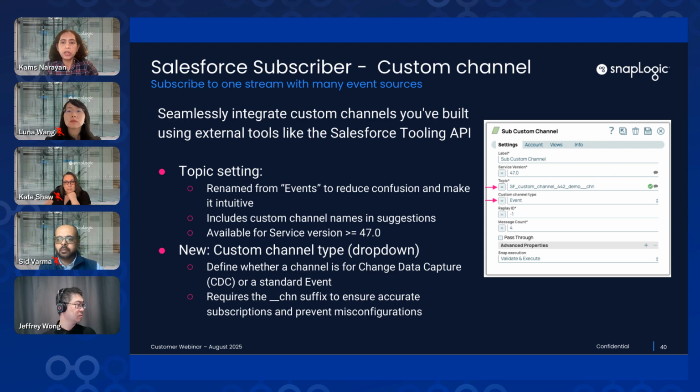With this enhancement, customers can now subscribe to these custom events, which have a very distinctive marker, a postfix of _CHN. That is how you would identify any custom channel that has been created, and then you would be able to subscribe to it.